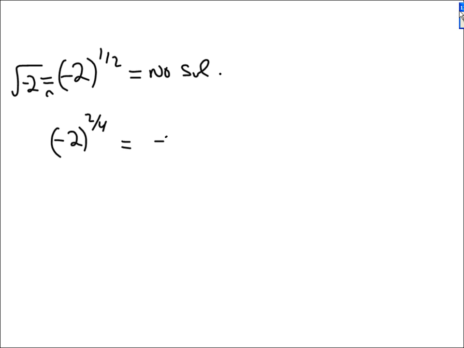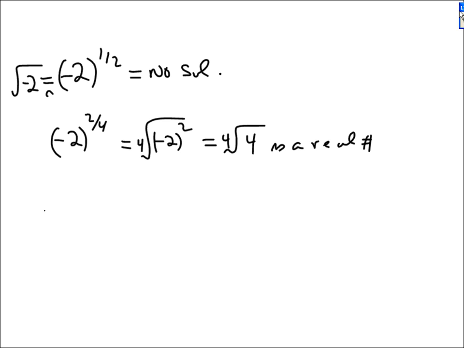So now you do negative 2 squared, and you take the 4th root of that. Negative 2 squared is 4. So now I get the 4th root of 4, which is a real number. Okay, so here's a case where it worked out nicely.